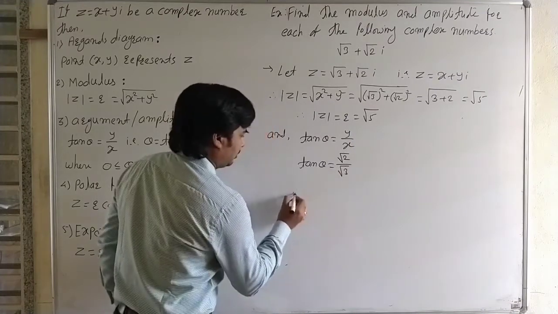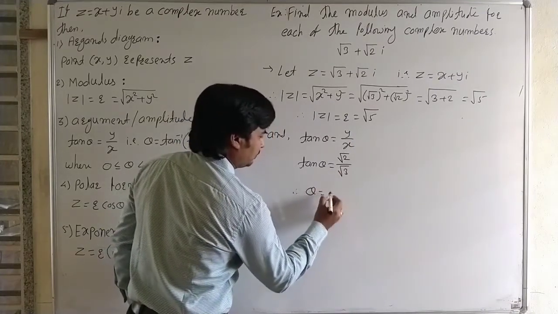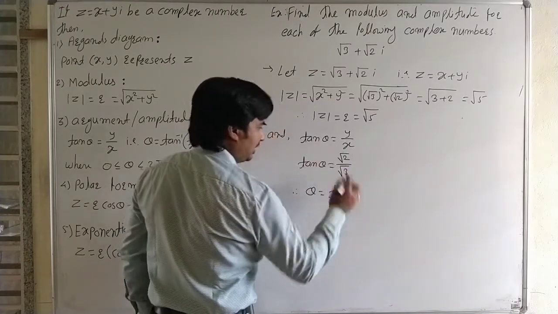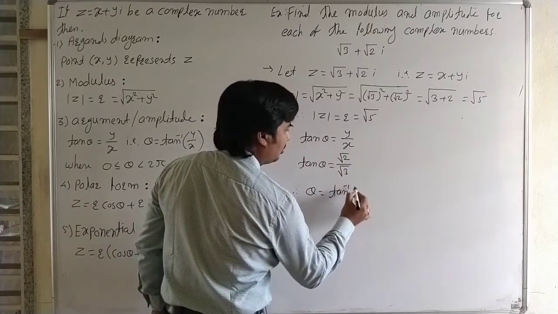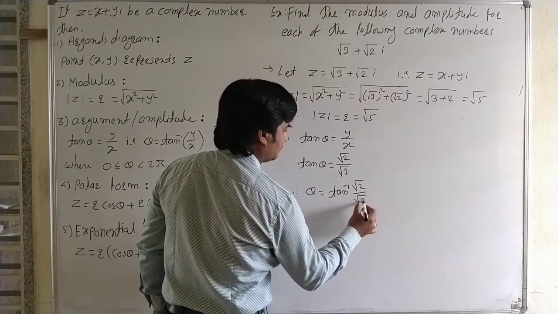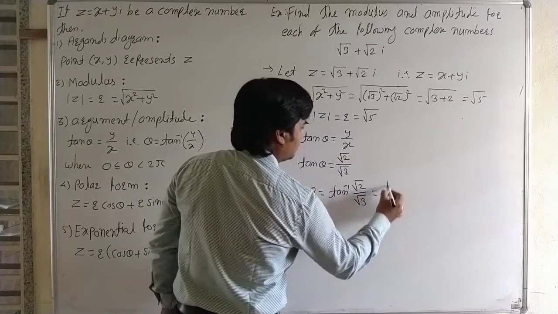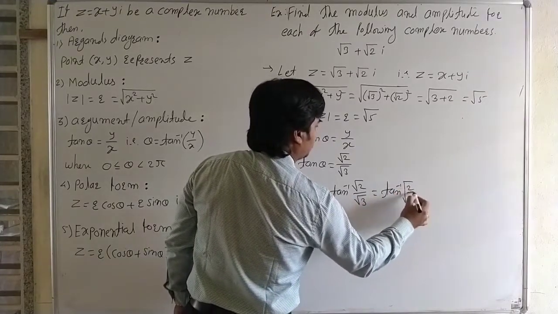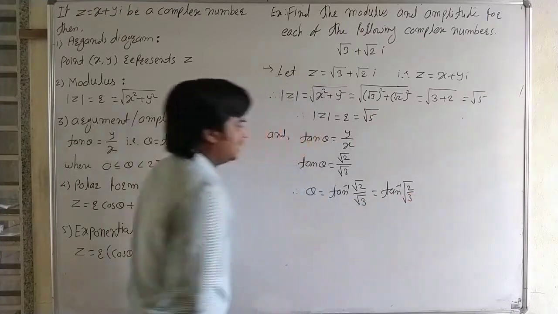Therefore we can write theta is equal to tan inverse of under root 2 upon under root 3, that is tan inverse of under root 2 by 3. Okay. It is the amplitude.